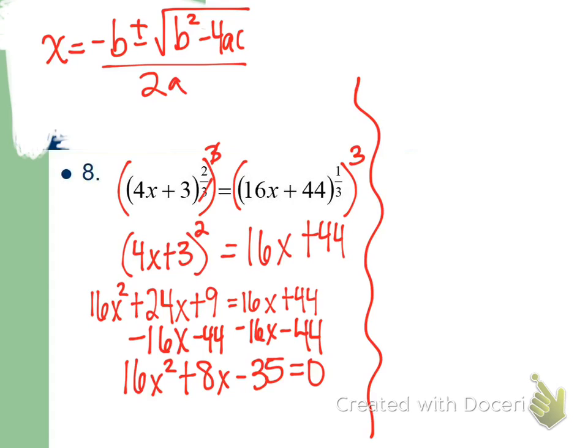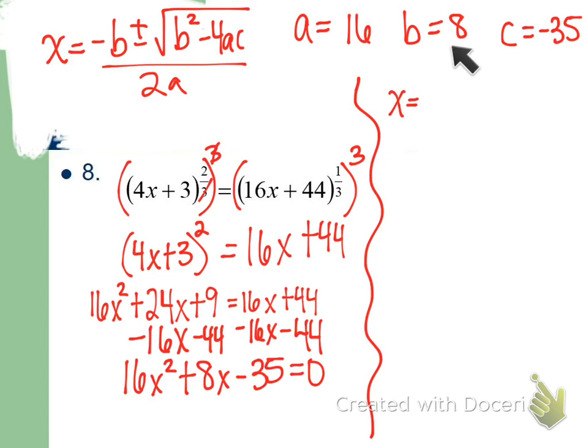So yes, that means we need our a, b, and c. What are a, b, and c? A 16, B 8, C negative 3. Okay. Let's start plugging things in. X equals, what is the opposite of 8? Negative 8.